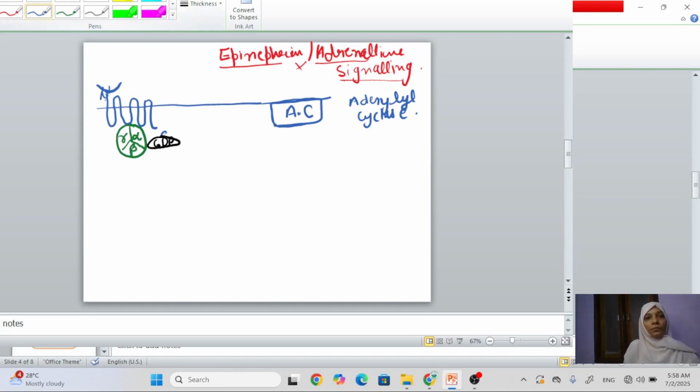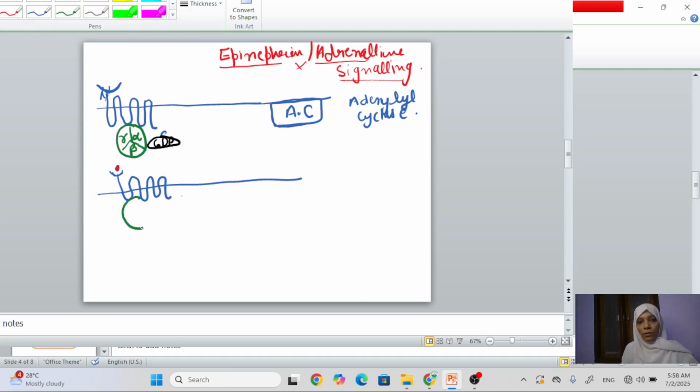Now, what happens when the receptor is bound? Here the receptor is bound, that is, the epinephrine hormone binds here, and then this is the subunit.